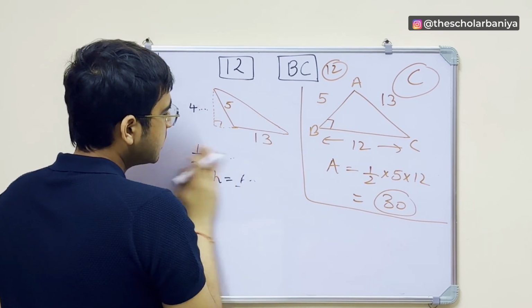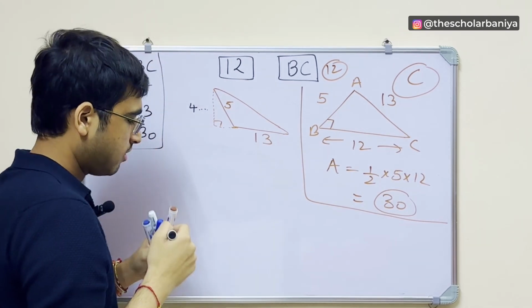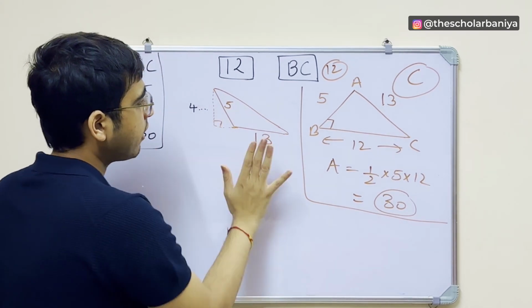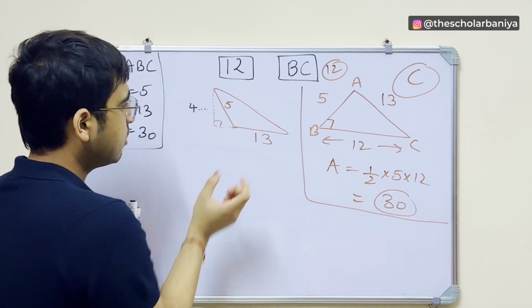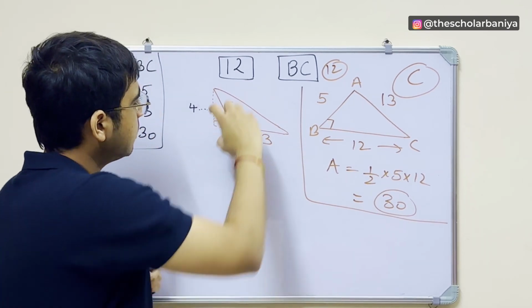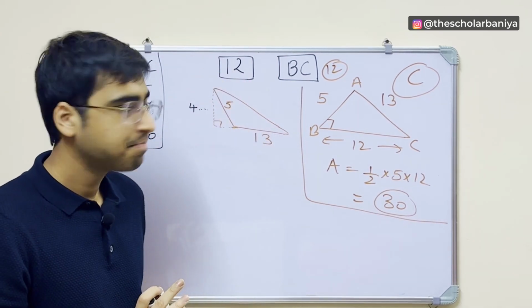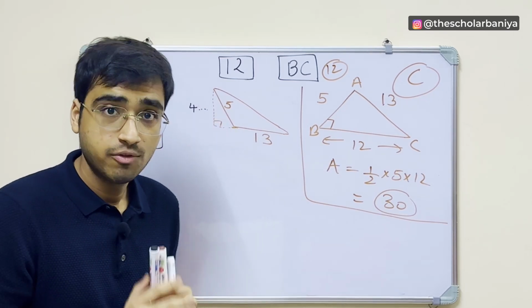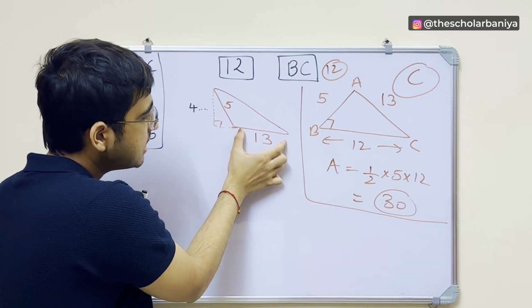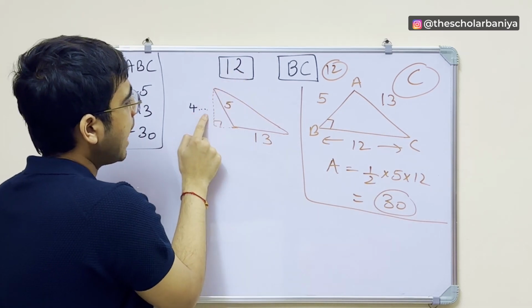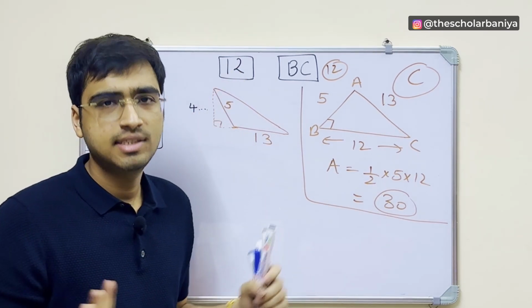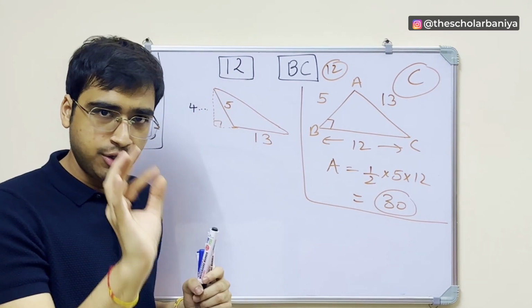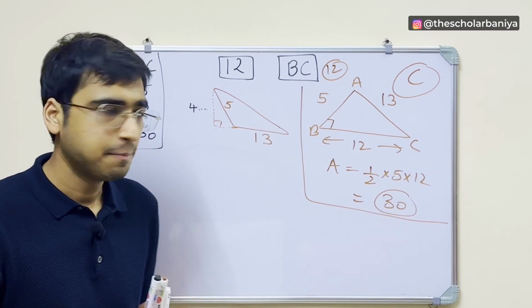Okay, so now tell me one thing. We have this triangle in which this side is 13, this side is 5, right? And the area of this triangle is equal to 30. Why? Because half into base and let's assume the height is 4.8, 4.7, whatever, due to which the area becomes 30.